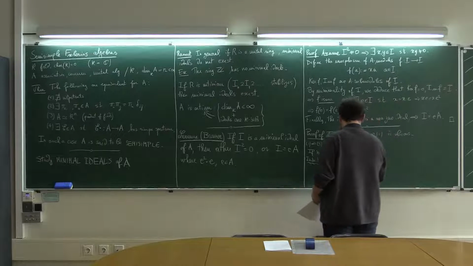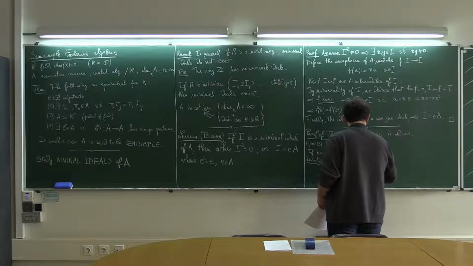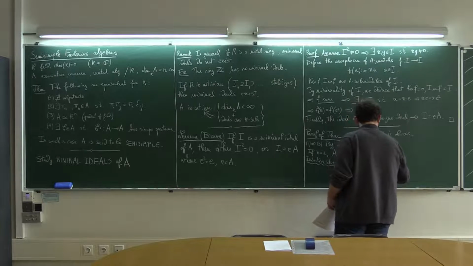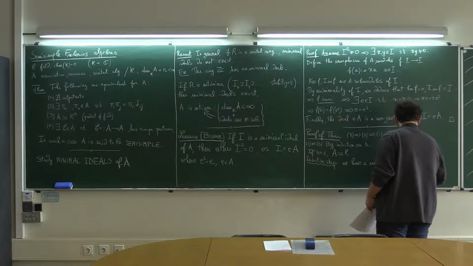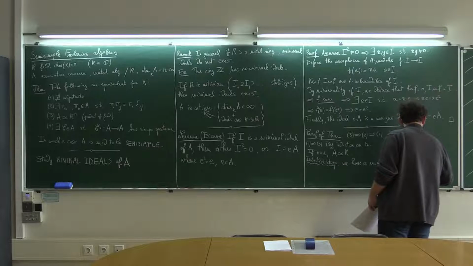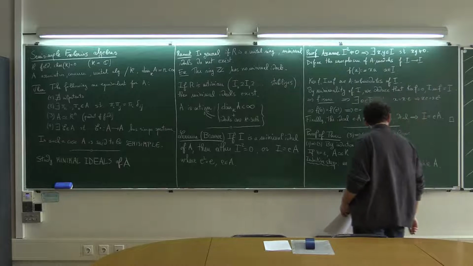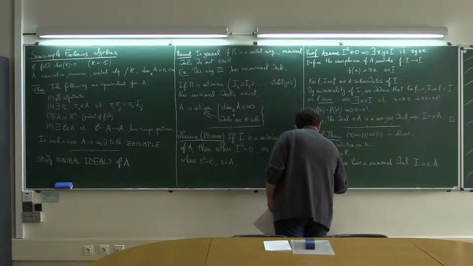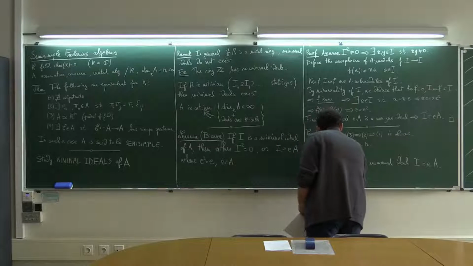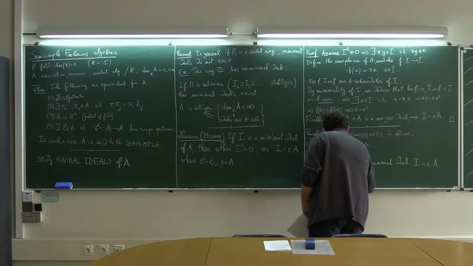Then, we have a minimal ideal I of the form e times A. Now, set I prime to be the ideal of A generated by 1 minus e.